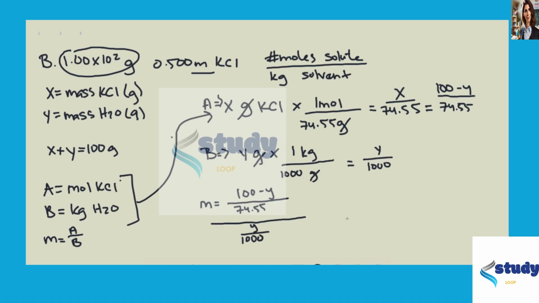We can simplify this by multiplying this whole right-hand side by 1,000 over 74.55 to cancel out each of these denominators. What that leaves you with is 1,000 times 100 minus Y on the top over 74.55 Y on the bottom.